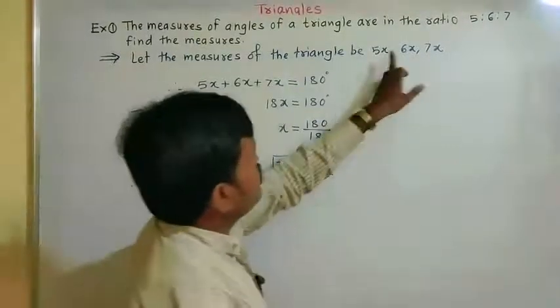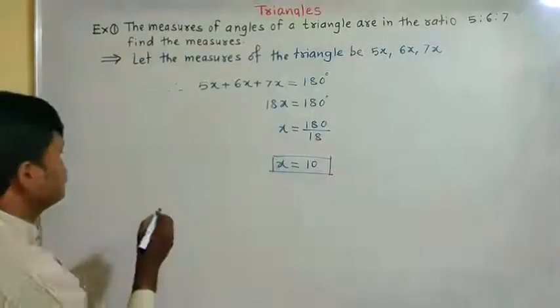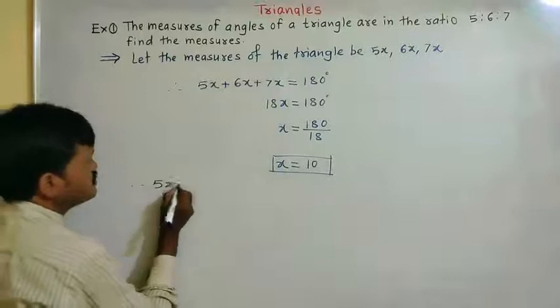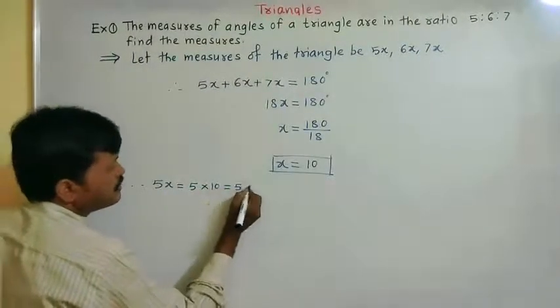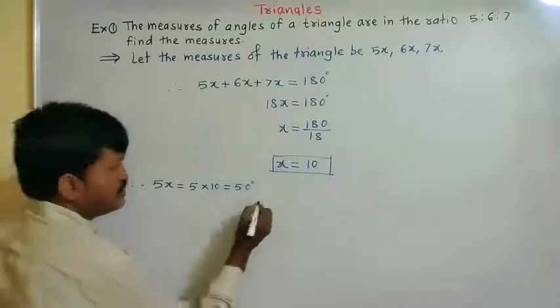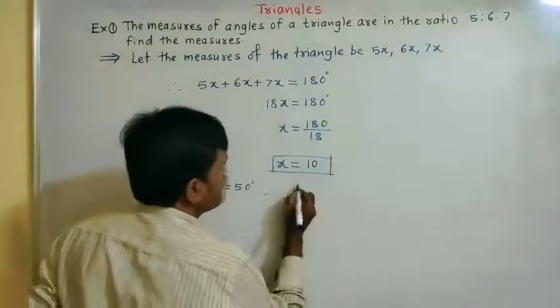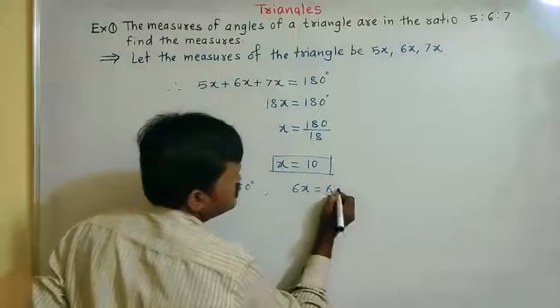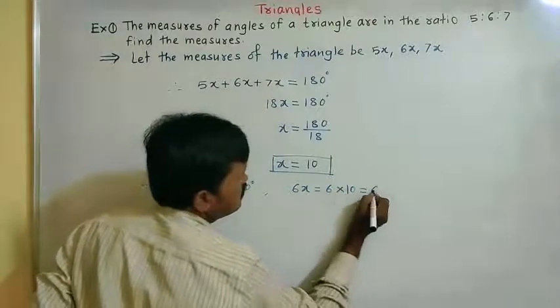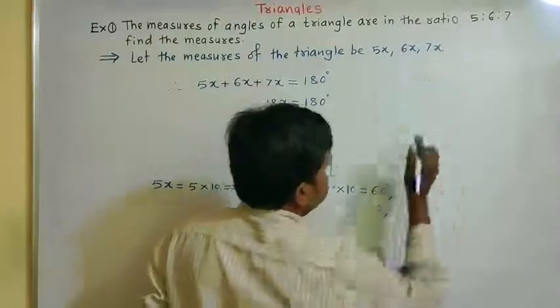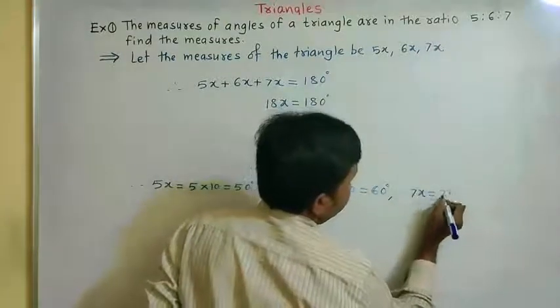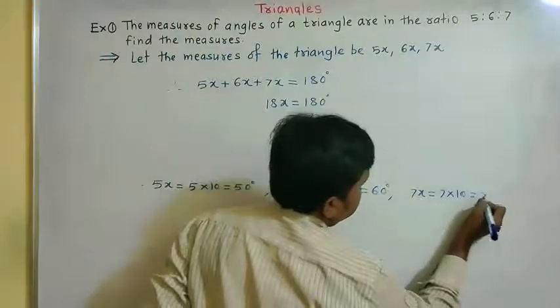Therefore we calculate the value of all angles. First, 5x is equal to 5 into 10, that is 50 degrees. Second, 6x is equal to 6 into 10, that is 60 degrees. And third, 7x is 7 into 10, that is 70 degrees.